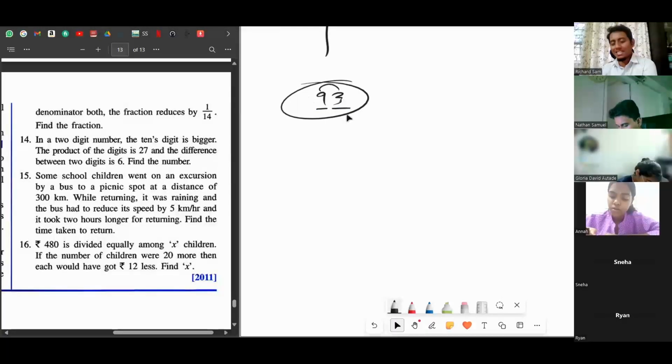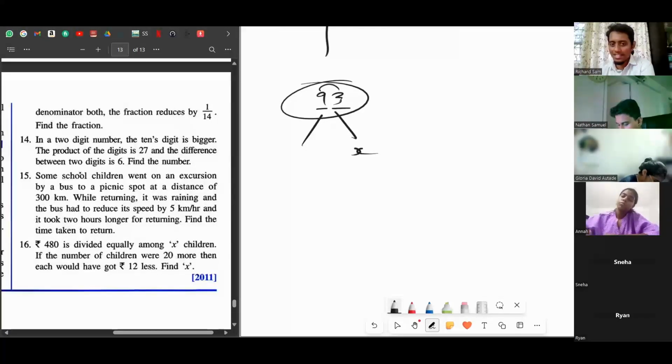Now, how do we write a two-digit number like this in terms of x? We know one more thing. The difference between the two digits is 6. Here also, yes, the difference between 9 and 3 is 6. So yes, we got it. But how do we represent a two-digit number using x? Look, 93. The 3 we will represent as x.